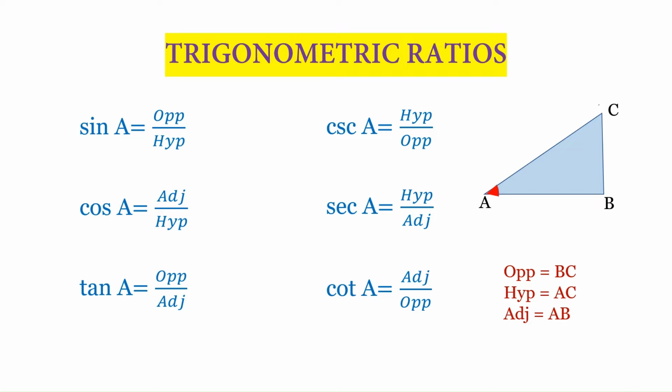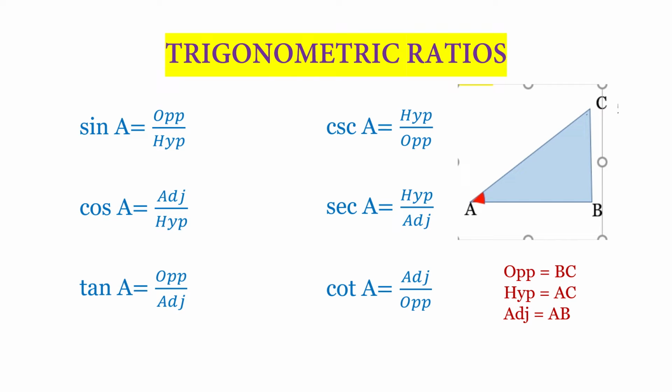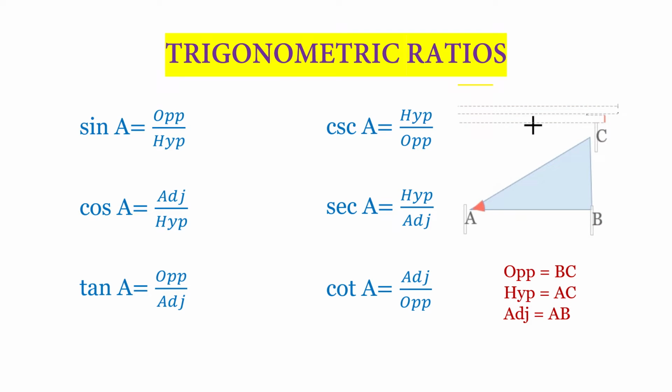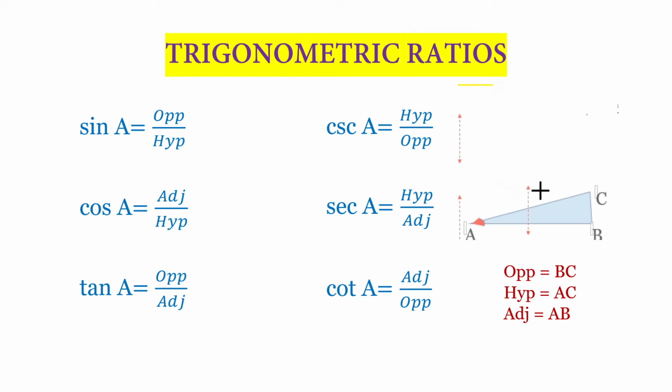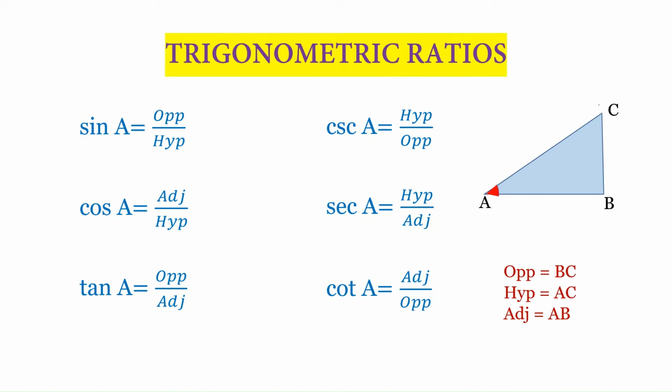Now, when this angle A is made to be 0, it means we have to decrease the angle in such a way that the measure will go to 0. This is how the angle will get modified. When we try to decrease angle A to 0, we can observe that the BC side length is also getting decreased.